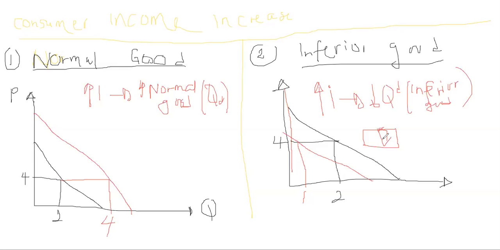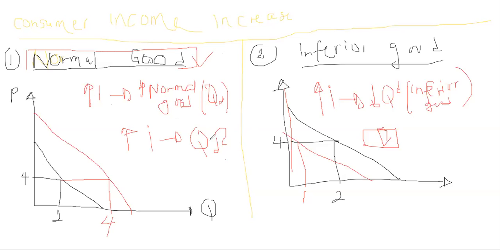So normally in an economics textbook, this is what you will see. If they don't make it clear, but they say an increase in income and don't tell you whether it's a normal or inferior good, you have to assume that it's a normal good. But some questions will ask what will happen to the quantity demanded if income increases.